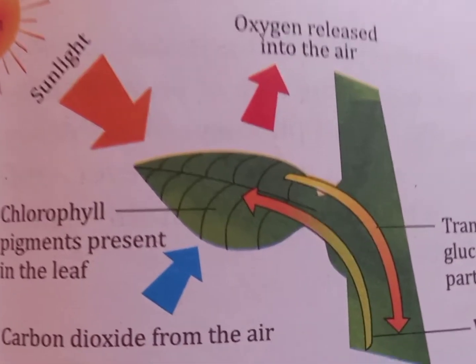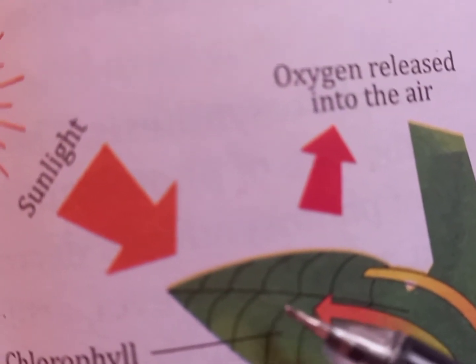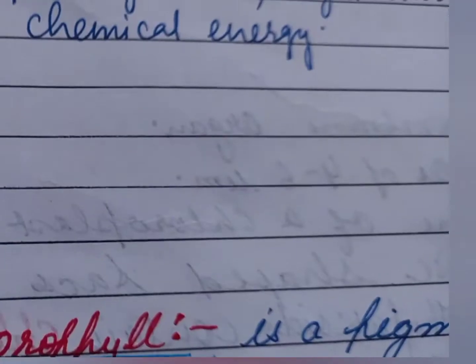Now see the light. The sun is the major source of light energy. Sunlight is trapped by the chlorophyll present in the chloroplast of the leaf. Next is chlorophyll.